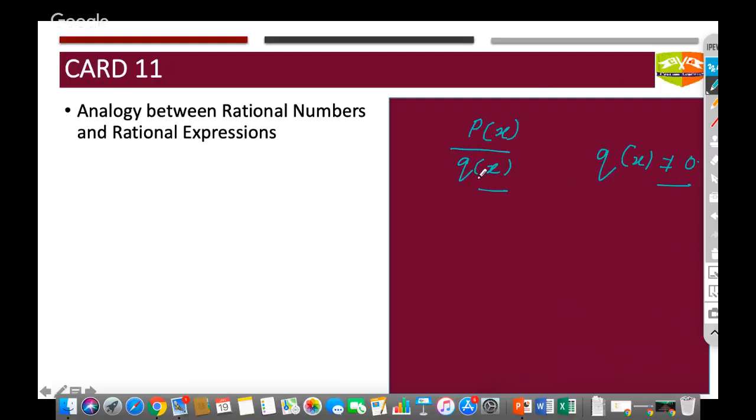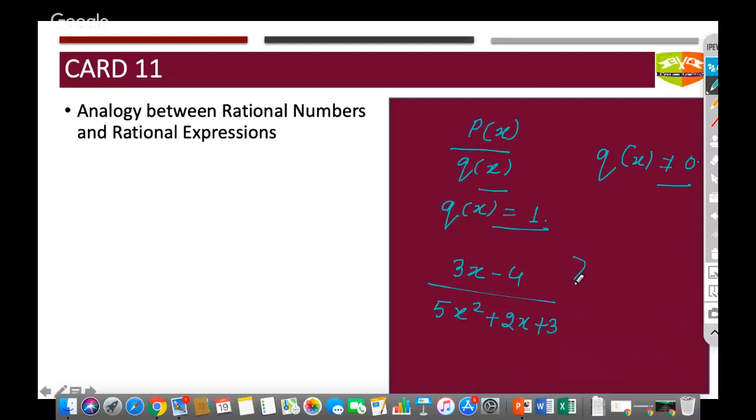Now this px by qx need not be a polynomial. You can say that qx can be equal to 1 also here. Take an example here. Suppose I have 3x minus 4 divided by 5x square plus 2x plus 3.